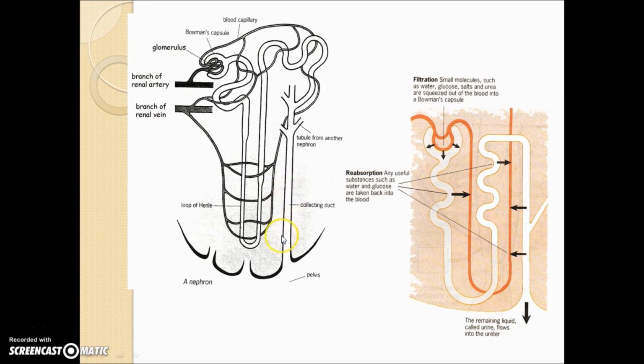Okay, so the urine leaving the collecting ducts is formed mainly by water, concentrated urea, excess salts, spent hormones, spent drugs. These collecting ducts get together with other collecting ducts at the pelvis, and then they form the ureter. So urine goes from the kidney to the ureter, then to the bladder, then to the urethra, and then out.